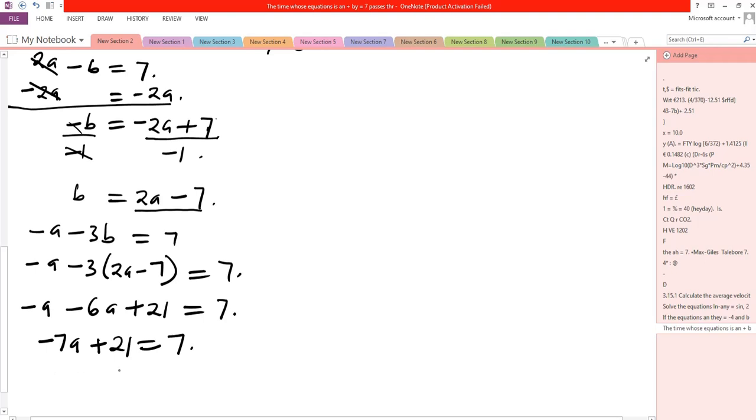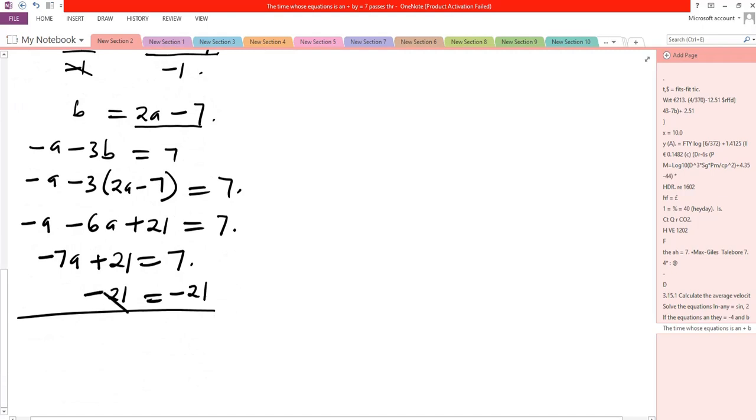Now we need to isolate minus 7a. So to isolate it, we take away this 21. What we do to the left hand side, we also do to the right hand side, so that the equality sign will still remain. Now we cancel out this. We are left with minus 7a, which is equal to 7 minus 21, which will give you minus 14.